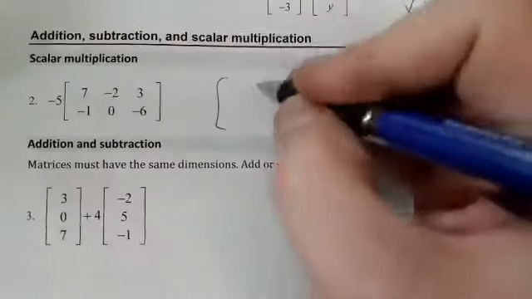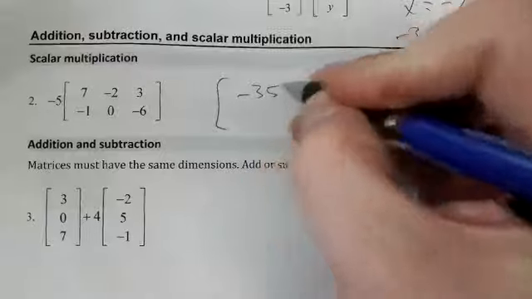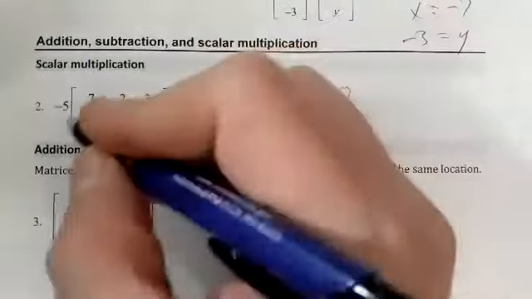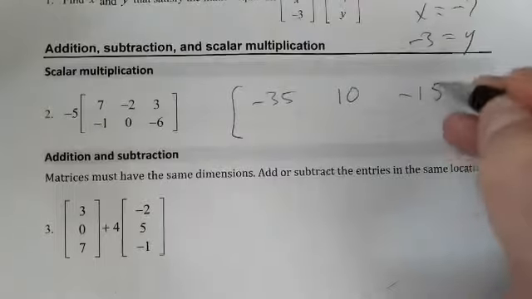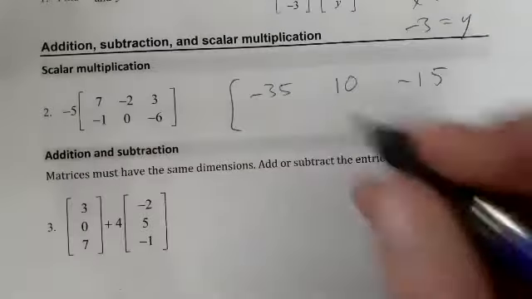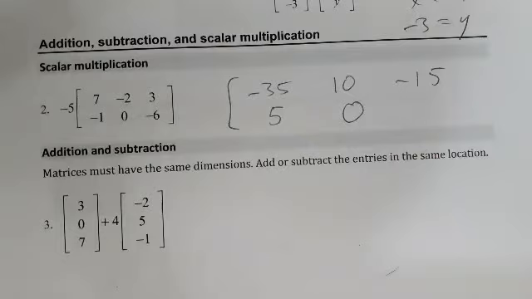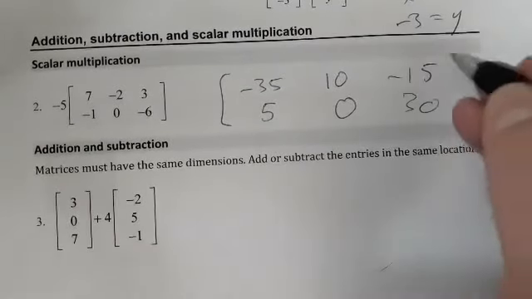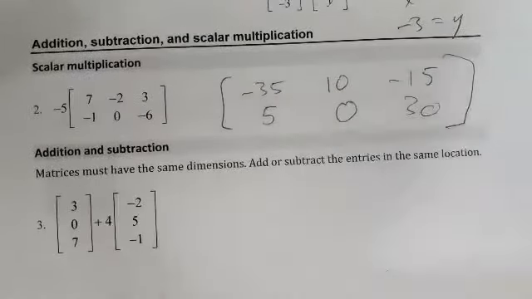So -5 times 7 will give me -35. -5 times -2 will give me a +10. -5 and 3 is a -15. -5 and -1 is a +5. -5 and 0 is going to give me 0. -5 times -6 is a +30. And I close off my matrix.